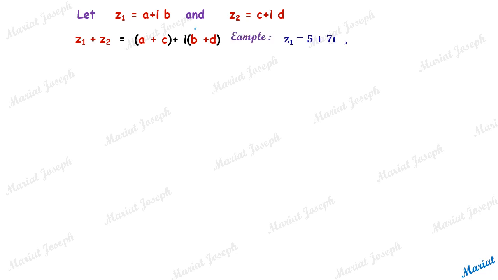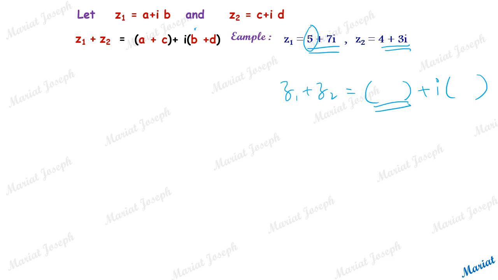Let's do a numerical. Yes, z1 is 5 plus 7i and z2 is 4 plus 3i. Two complex numbers, an example I've taken. Let's see what z1 plus z2 will be. The result is supposed to be a complex number, whose real part will be the sum of the real parts, 5 plus 4, that is 9, plus the imaginary part, the sum of the imaginary parts. 7i plus 3i is 10i.